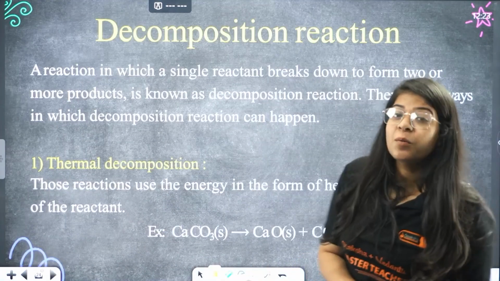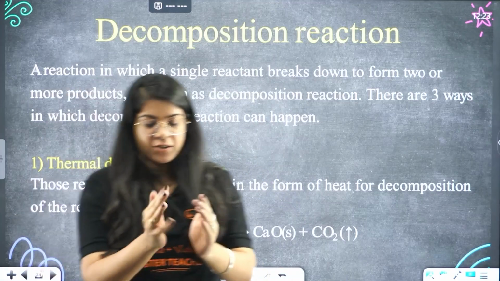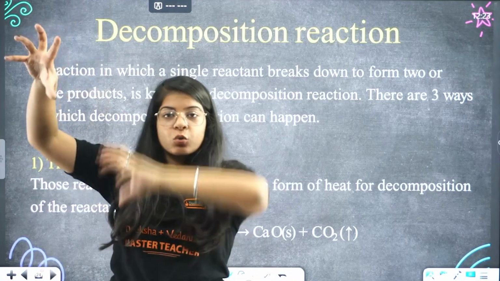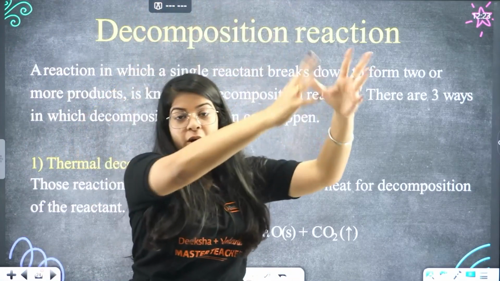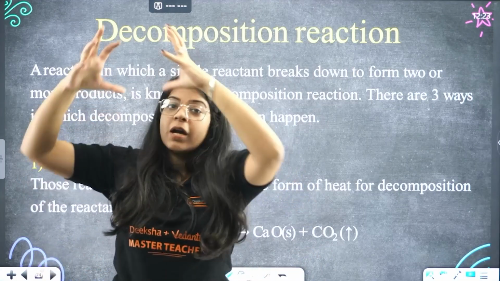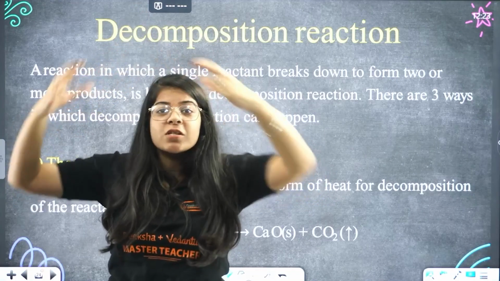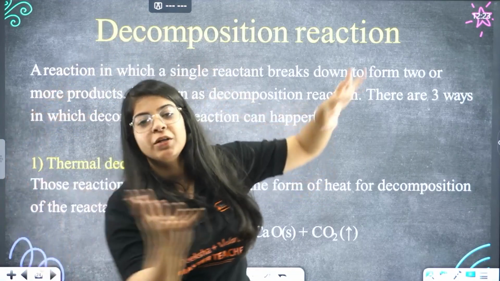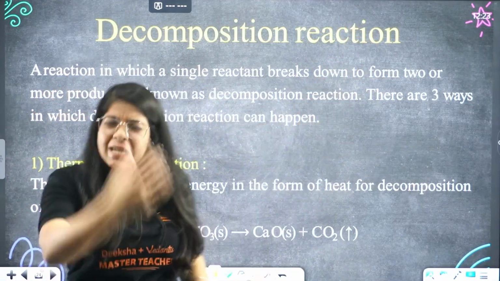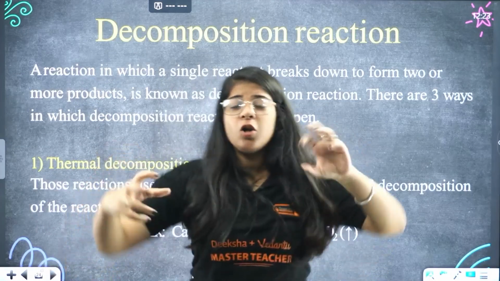What is decomposition reaction in chemistry? See, in combination reactions, two things combined to form a product. In decomposition reaction, we see that there is one reactant and it breaks down, that means it decomposes, into two or more products. So basically, decomposition in biology and chemistry are almost the same.